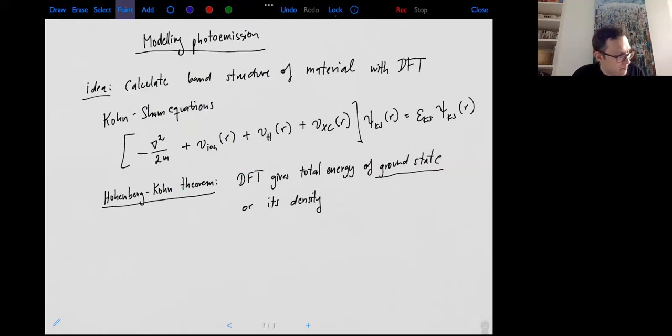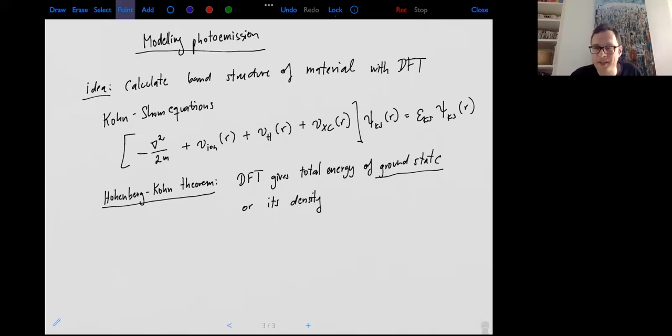But there's more problems, because if you follow this procedure that I've just outlined, what you would do is compare these Kohn-Sham energies to the experimentally measured quasi-particle energies.